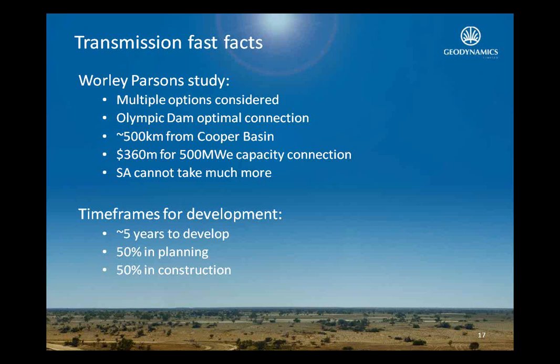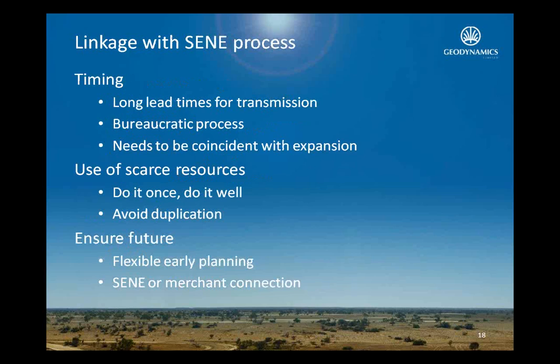So we need to start getting some planning work in place, not immediately, but in the next 12, 18 months, to enable us to meet that development timeline. One of the things that we're cognizant of with this CENI process is that transmission has a long lead time. Anything to do with regulated transmission is very bureaucratic.